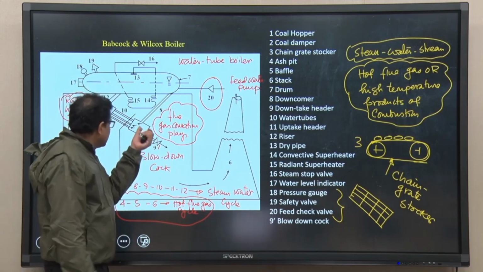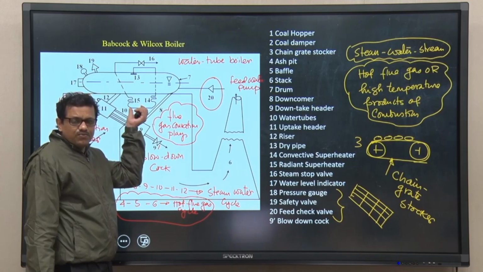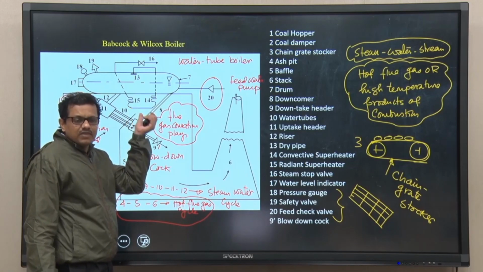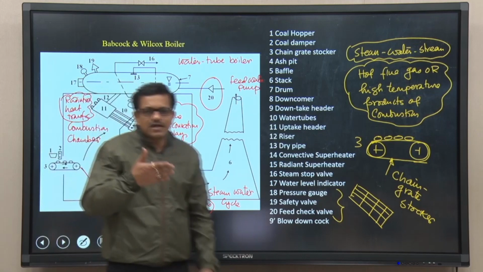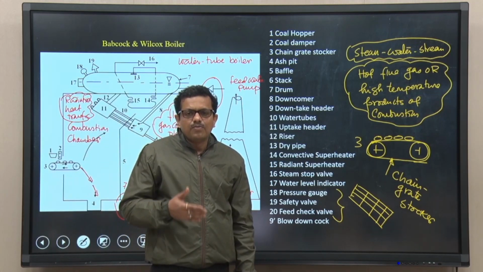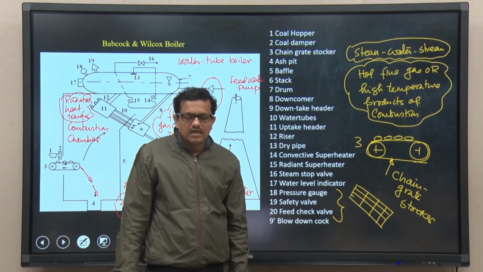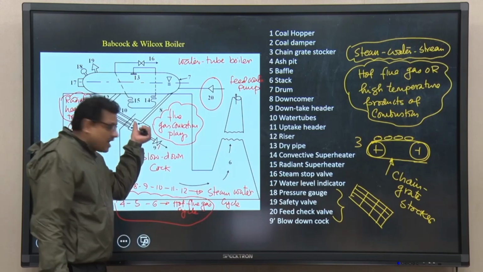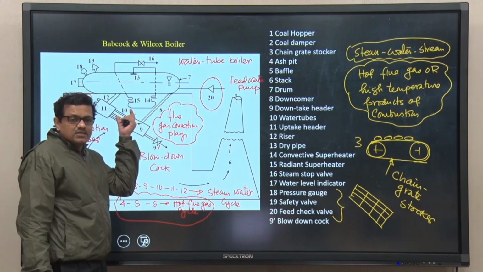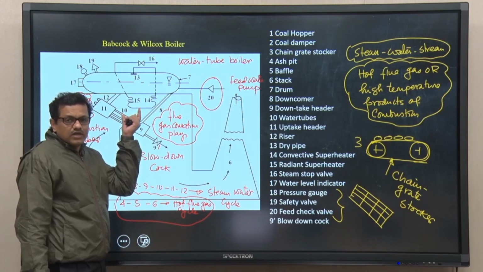Second point: water is passing through the tube wherein steam is generated, and steam is generated at a very high pressure. Per kg of water supply, 40 to 50 kg steam is generated. For high pressure, the tube is good enough to withstand it, instead of the shell.